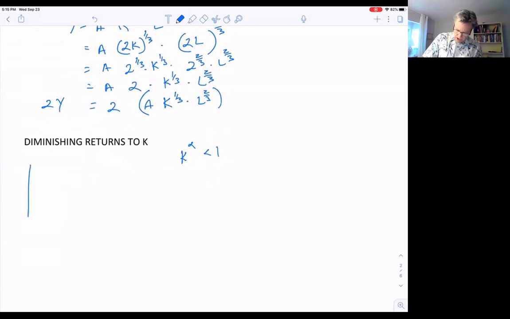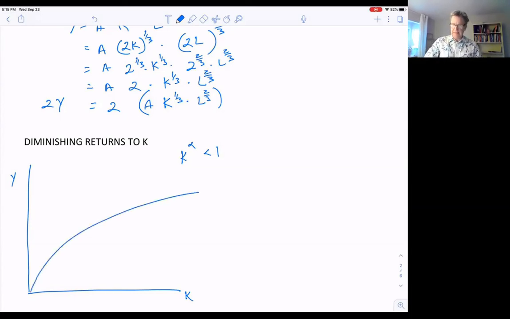Now if we draw output on the y-axis and K on the horizontal axis, if alpha is less than 1, we'll get a shape that looks kind of like this, rolling over a little bit.